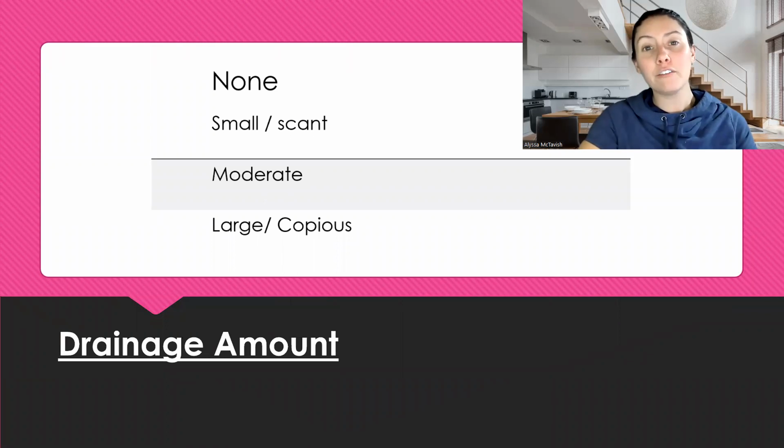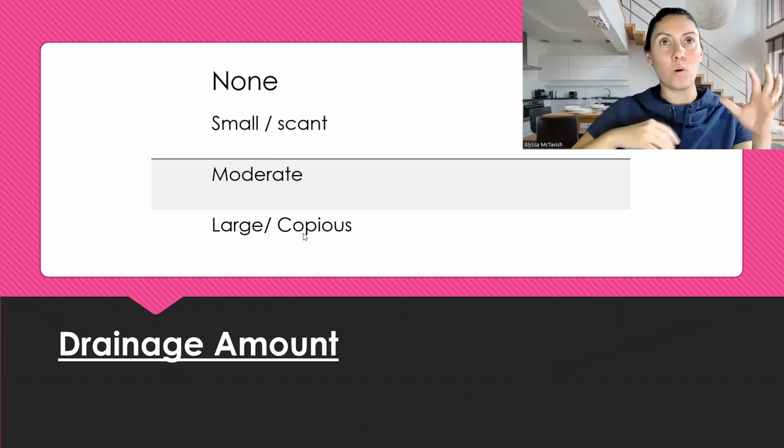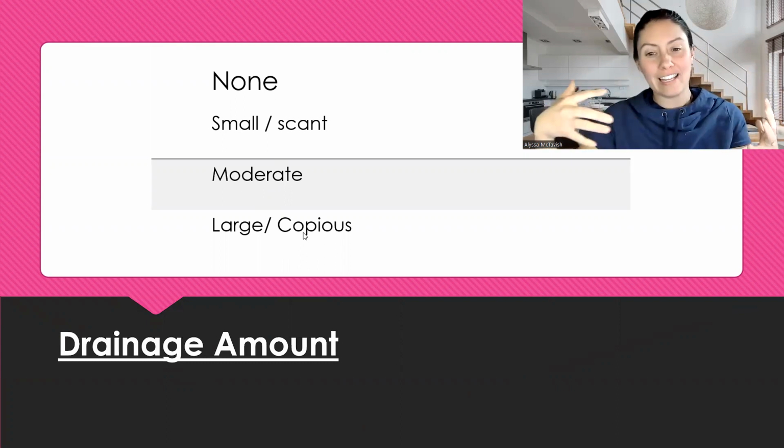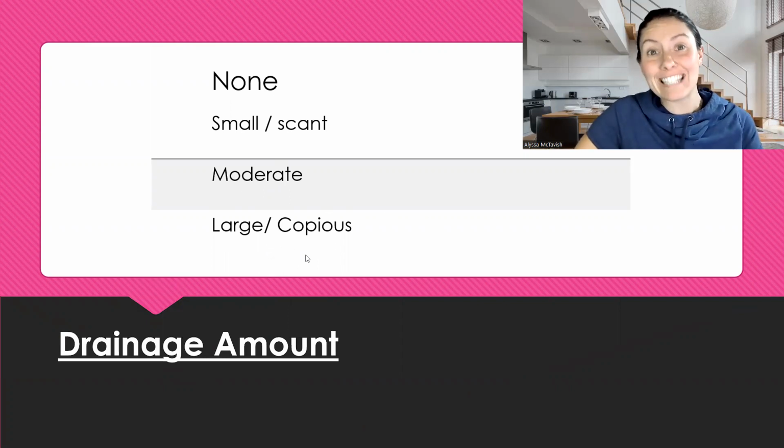Next, after I've looked at the fluid color, I want to look at the amount of drainage coming out of that wound. Is there none? Is there a small, scant amount, a moderate, or a large, copious amount? A lot of people have a problem deciphering this. For the large, copious amounts, you can actually see it running out of the wound.